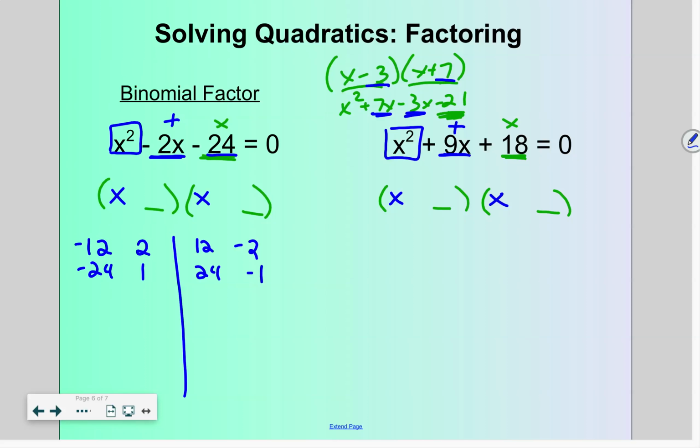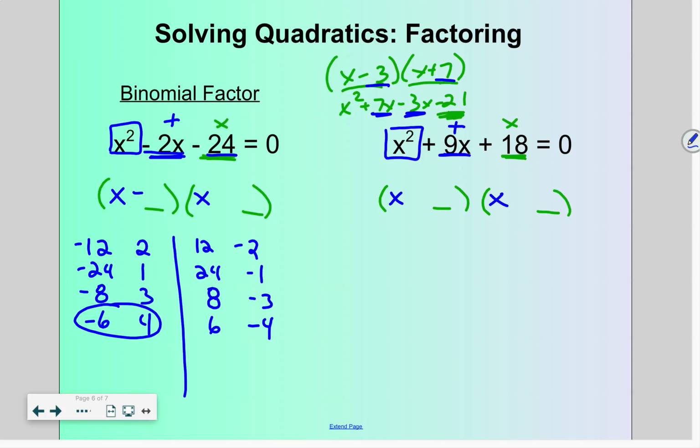We could have negative 8 and 3, positive 8, negative 3. We could have negative 6 and 4, positive 6 and negative 4. And our goal in listing all these out is to find a pair that also add to negative 2. In this case, the negative 6 plus 4 ends up being our winner.